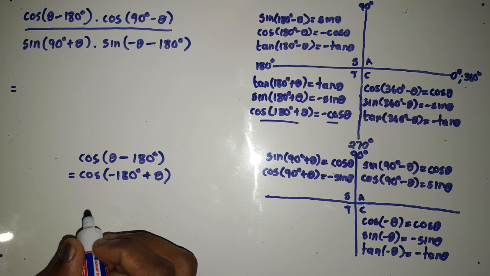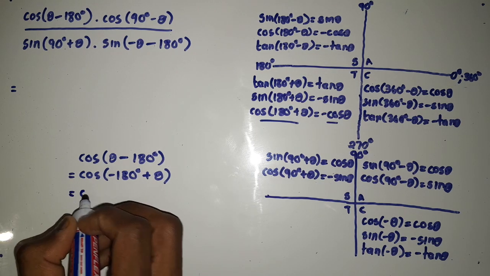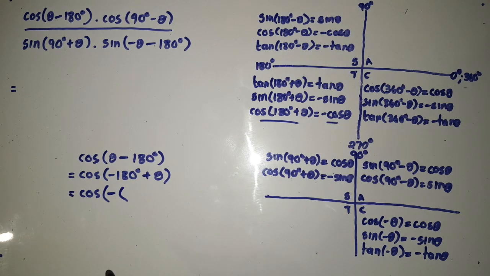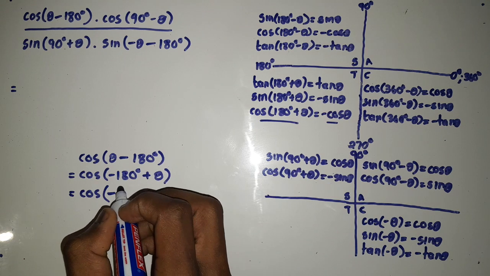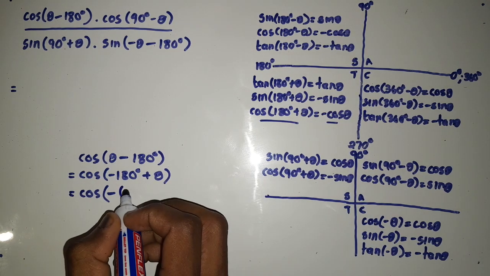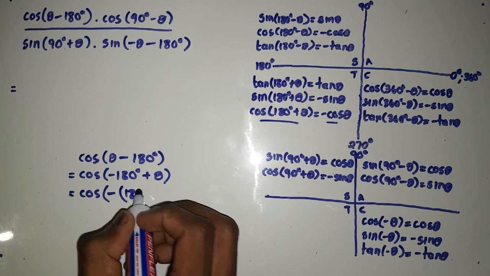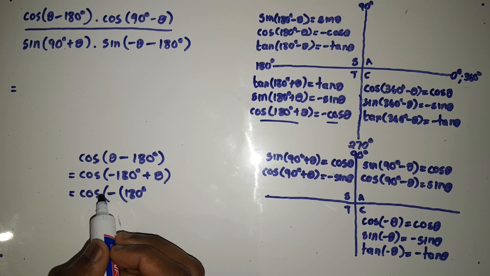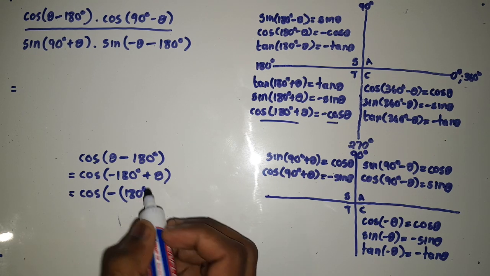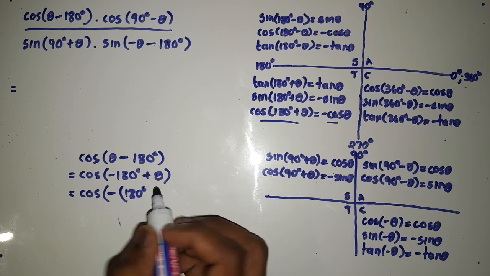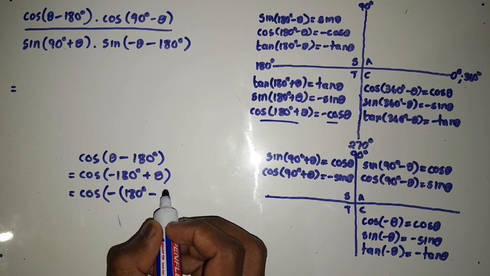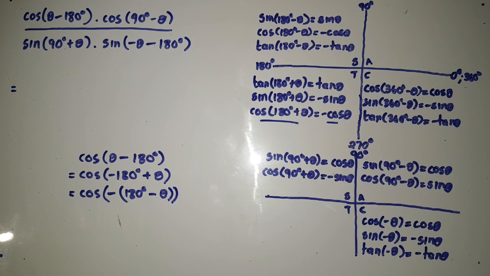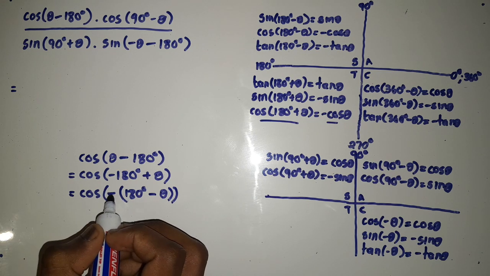What I can do is isolate this negative and close the bracket. Then it's going to be positive 180. It's like I factor out a negative, then I'm going to get 180. For us to get positive theta, I must put negative theta like this.